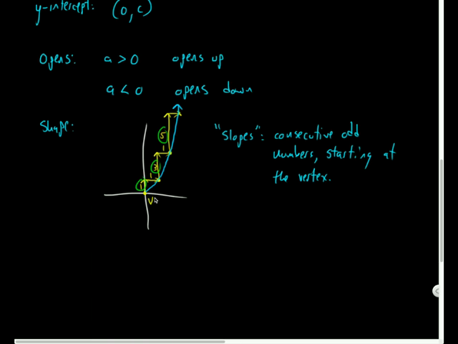Now, it's possible that the parabola doesn't have a regular shape. All right, and one of the ways we can test that is if the absolute value of a is greater than 1. So the magnitude of a is bigger than 1, so it's a number that's not a fraction less than 1.